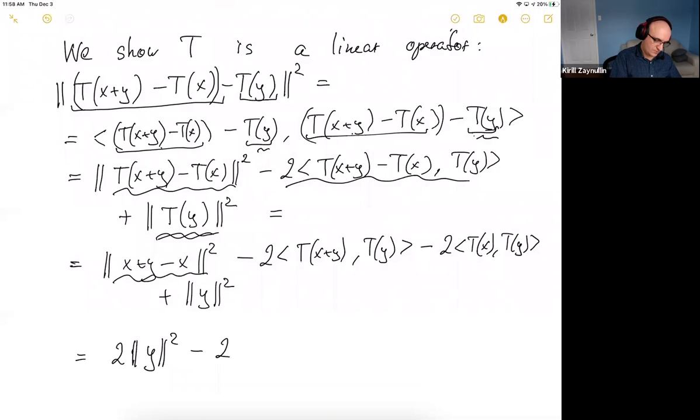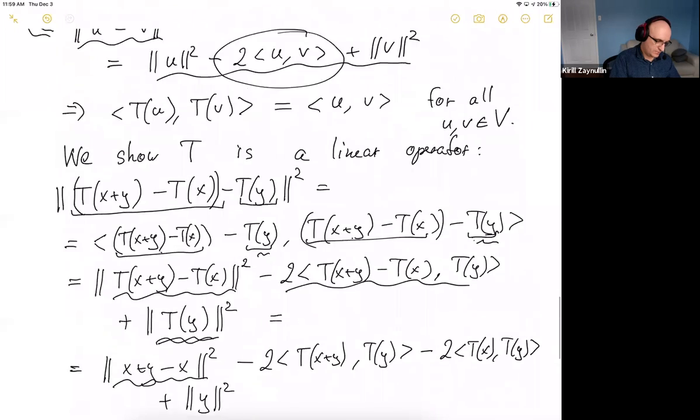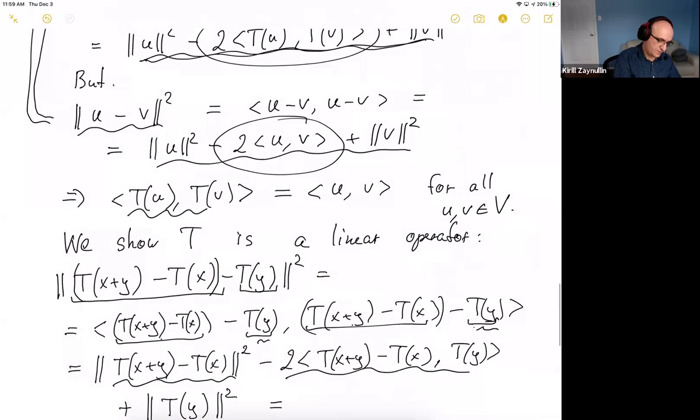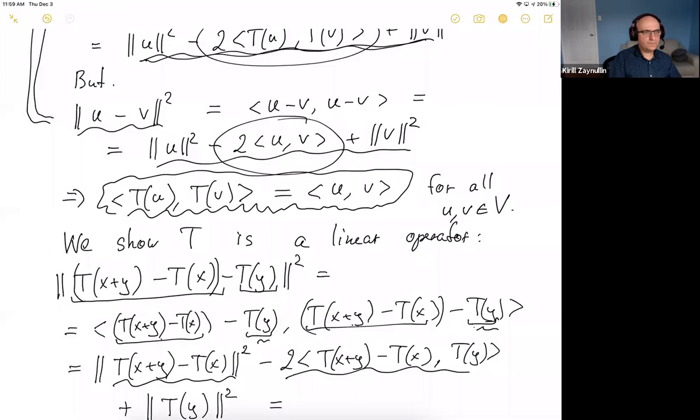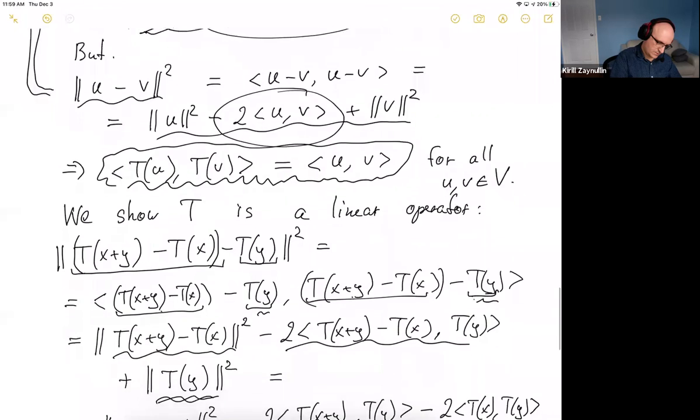minus 2. Now here I get what? Look, here we just showed that T of u comma T of v is the same as the inner product of u and v. Shouldn't it be plus 2? Let me see why it's a plus.